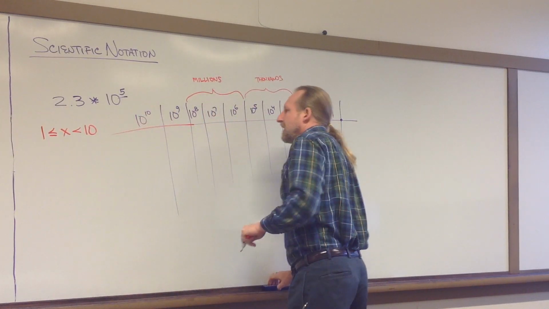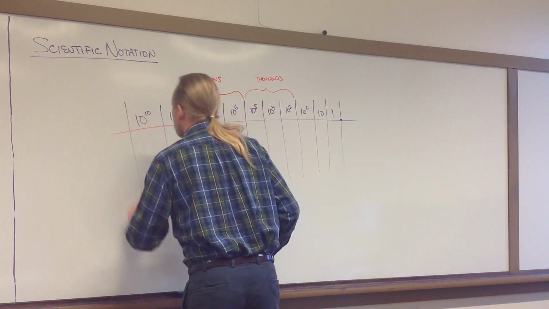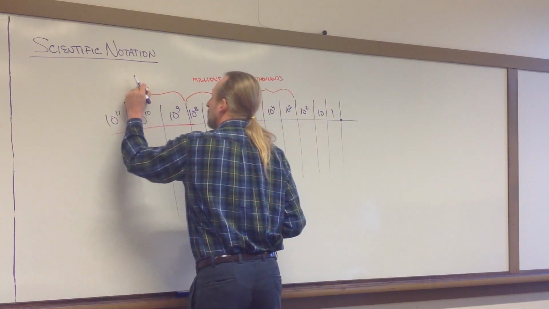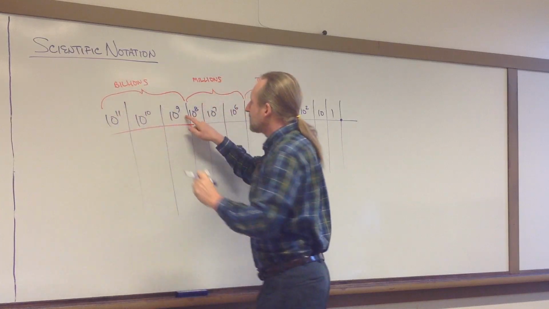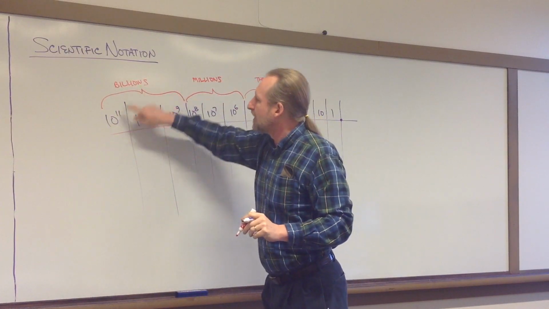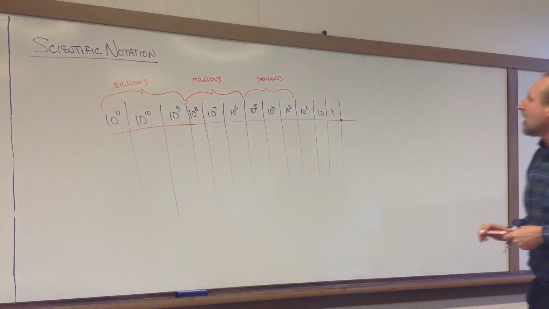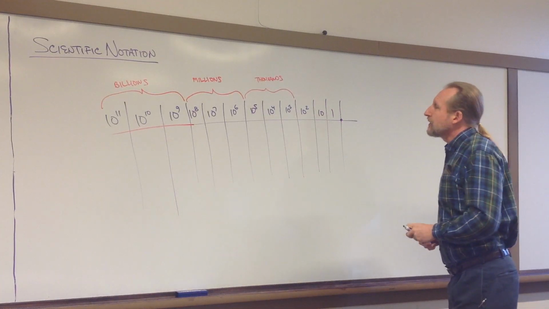I'll make some space here, and then we'll look at some problems. Let's see here. 10 to the 9th. This is the billions section. And you get single-digit billions, tens of billions, hundreds of billions, and so on. Okay? All right. So that's the basic idea for scientific notation.